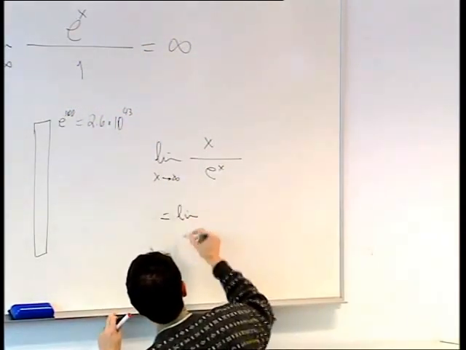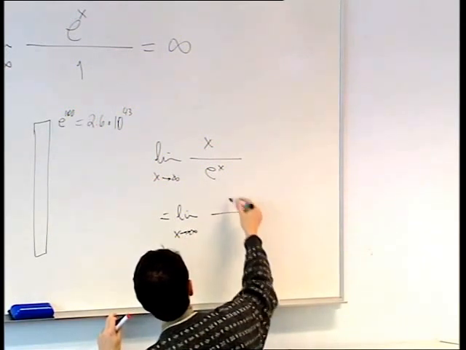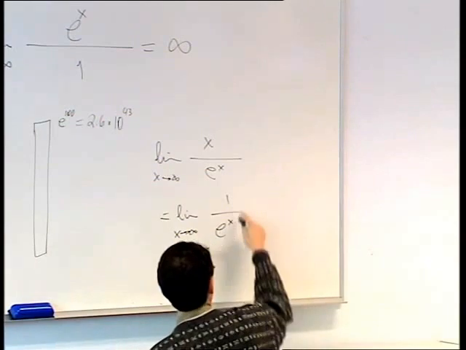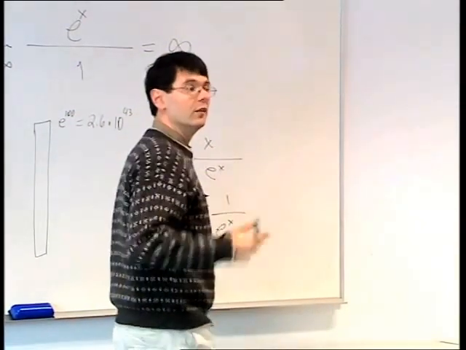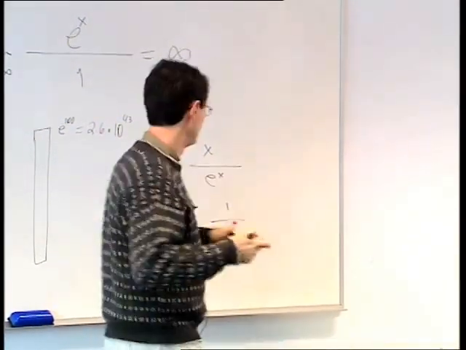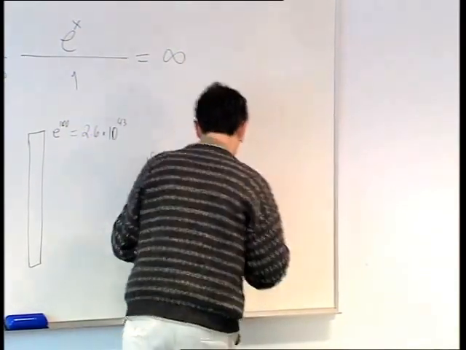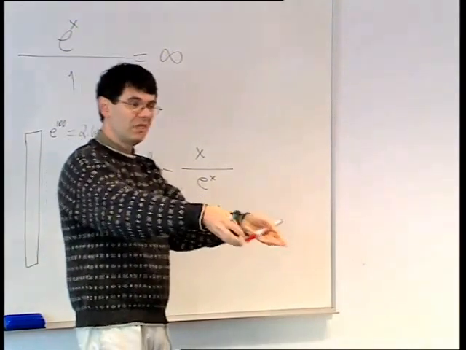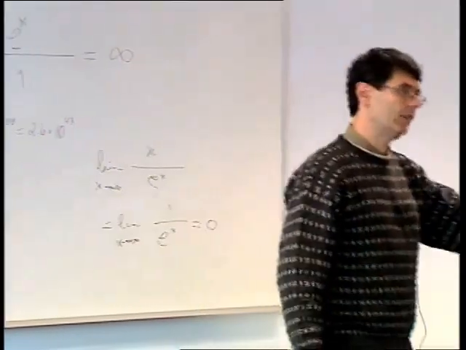You're going to get the limit when x goes to infinity of 1 divided by e to the x, 1 divided by infinity, 0. Which is another way of saying that the proportion of this guy inside that guy becomes negligible if x is very large.